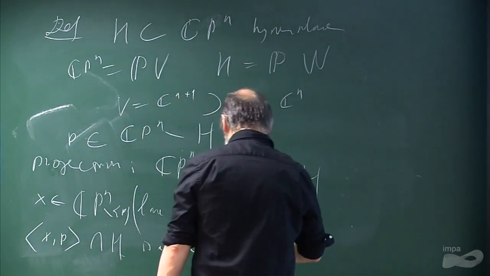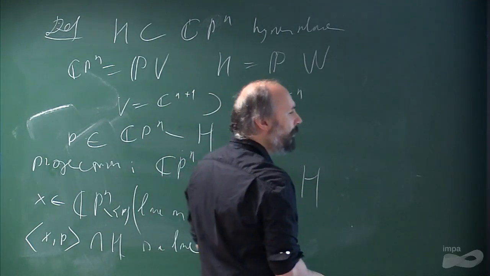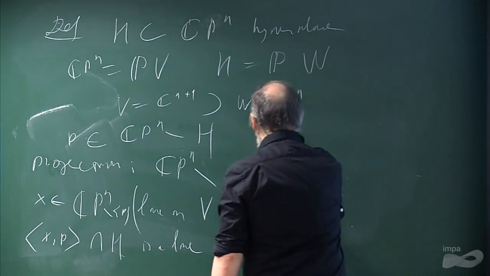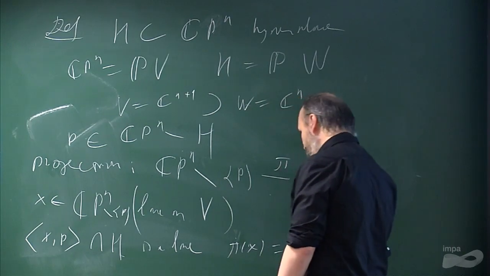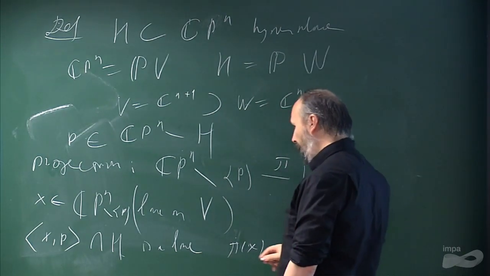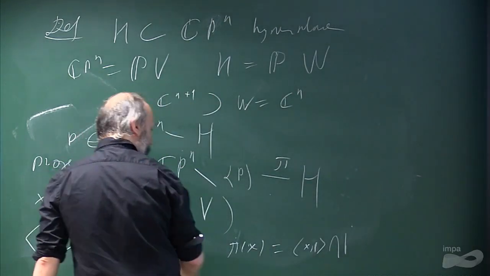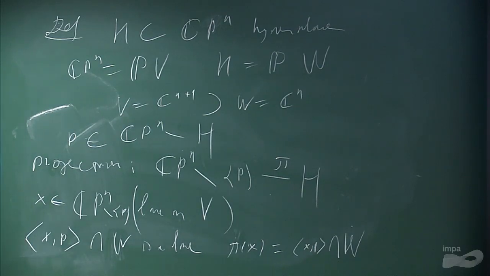And this line, so the projection, is denoted by some pi. Pi of X is this intersection, XP intersected with, oops, sorry, not with H, with W. H is this projectivization. So why is it projection?